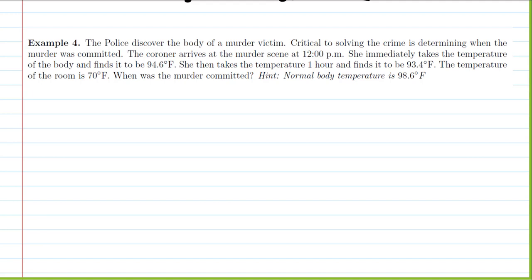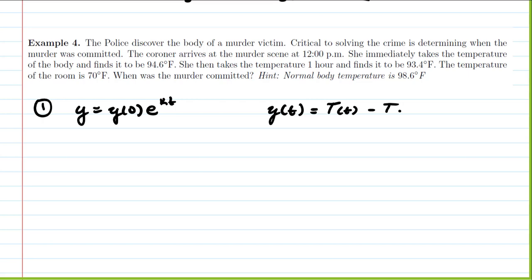All right, so we start with our model, which is y equals y of 0 e to the kt. We know that y of t was equal to, and I'm going to write it as a function of t to make it clear, T minus T sub s.